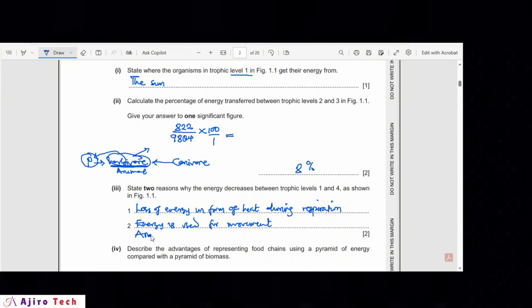So anabolic processes like DNA replication and protein synthesis use energy. Active transport and exocytosis all use energy within the organism. So the energy that is transferred from that organism to the next organism in the food chain can never be 100% of what it has.